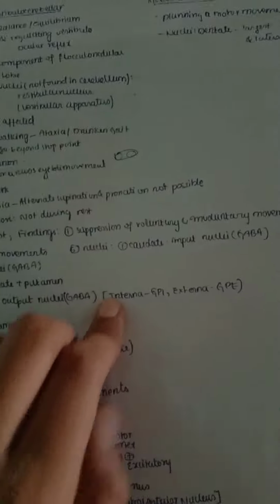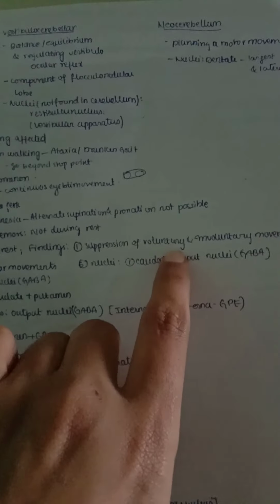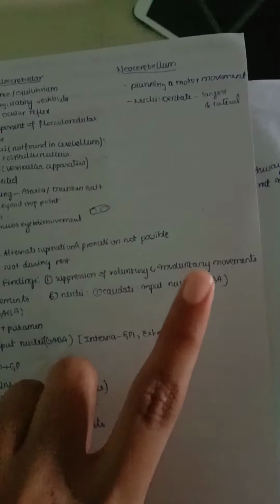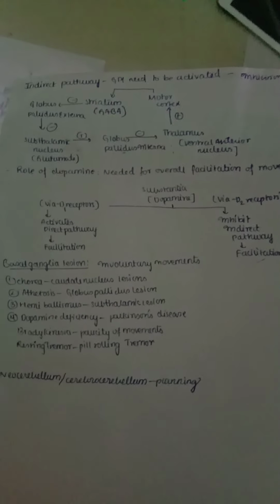Of course, we have seen before that the normal function of the basal ganglia is suppression of voluntary and involuntary movements. So basal ganglia is suppressing them. If there is a problem in the basal ganglia, there will be involuntary movements, of course. Voluntary movements are in our control; involuntary means without our control.